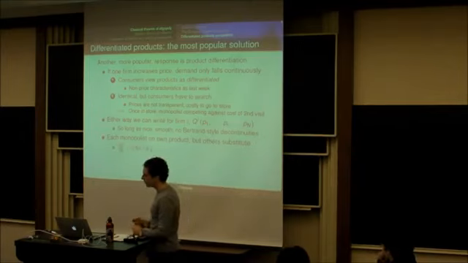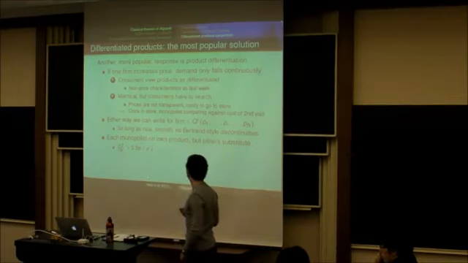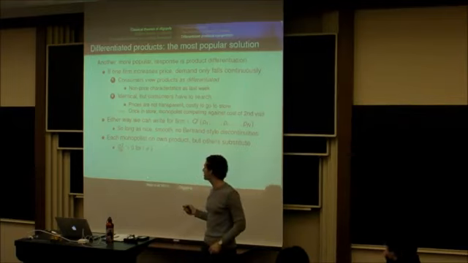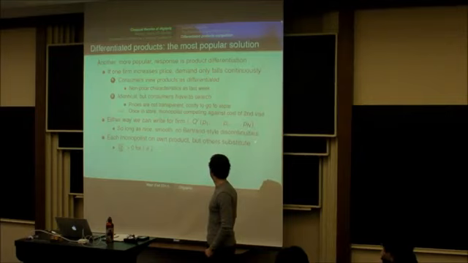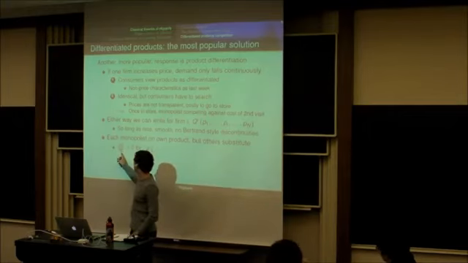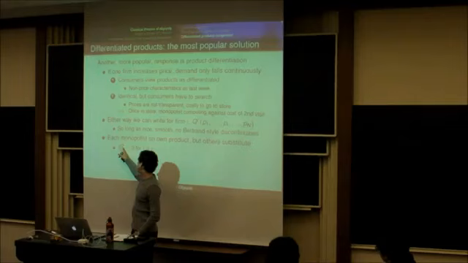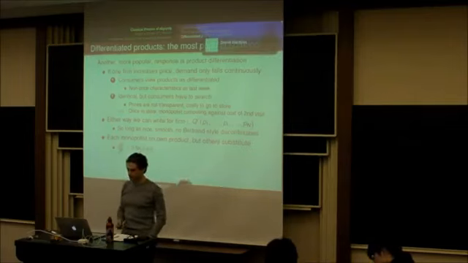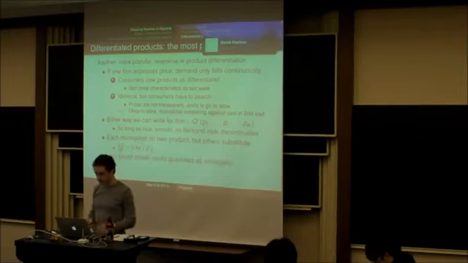Okay. So each firm is a monopolist on its own product, but the other products are substitutes for the product. What does it mean for another product to be a substitute? Well, if the other firm increases its price, that is going to increase my quantity.